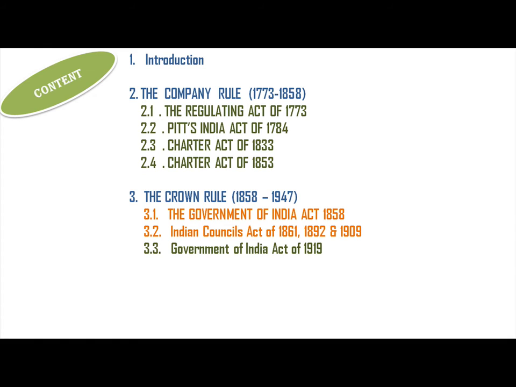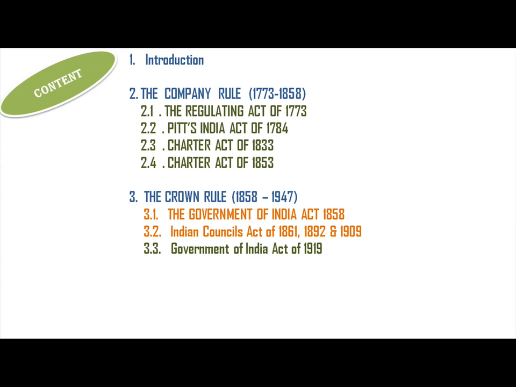This is the index which I have given you in the beginning. We have completed the first chapter, that is the introduction, and the second chapter, the company rule, with the different acts present in the company rule. The third chapter, the Crown's rule, is also almost done. We have completed 3.1 and 3.2, that is the Government of India Act 1858 and the Indian Council Acts.